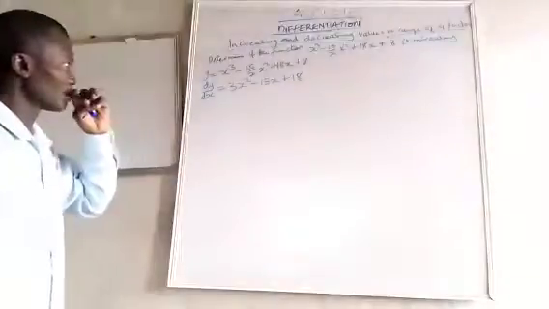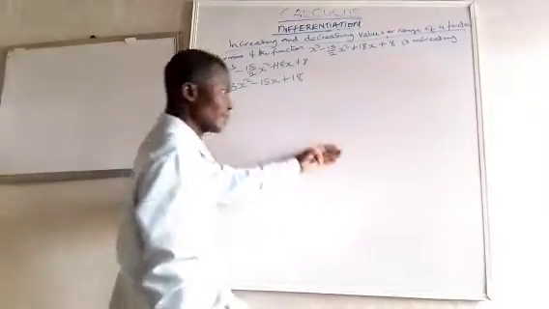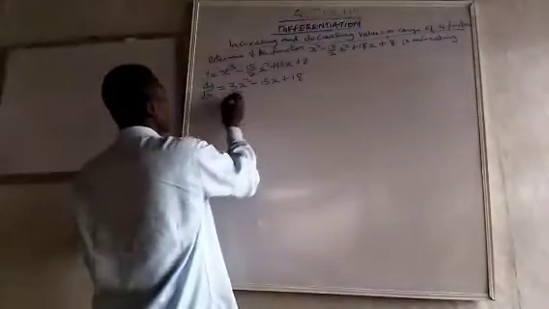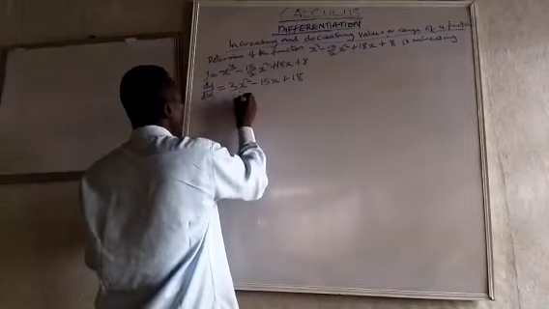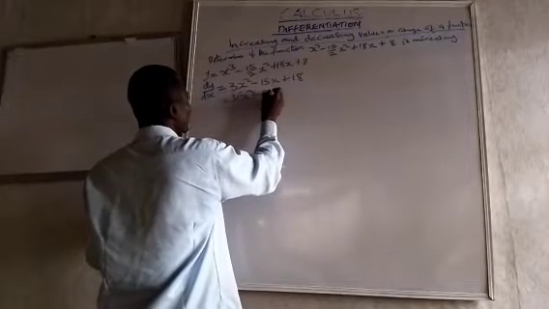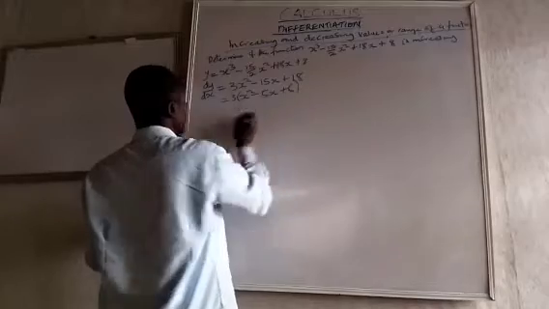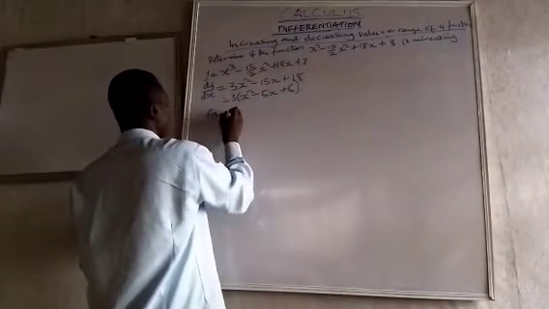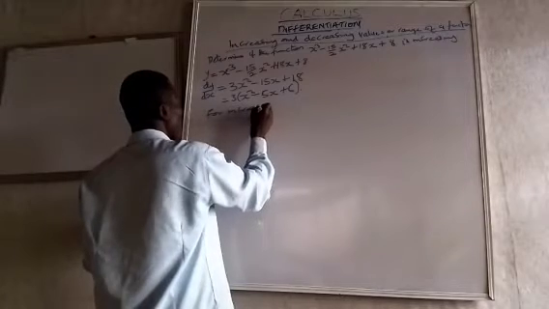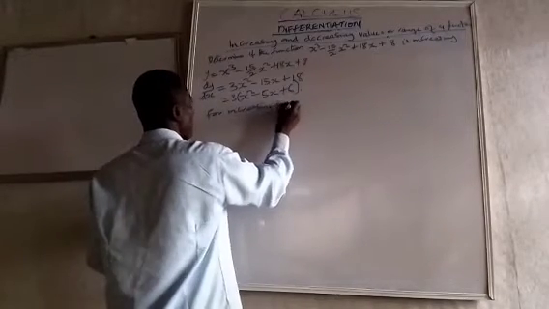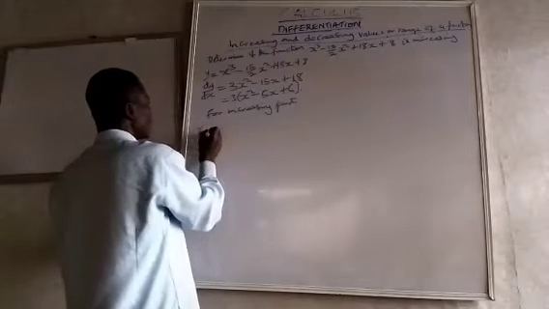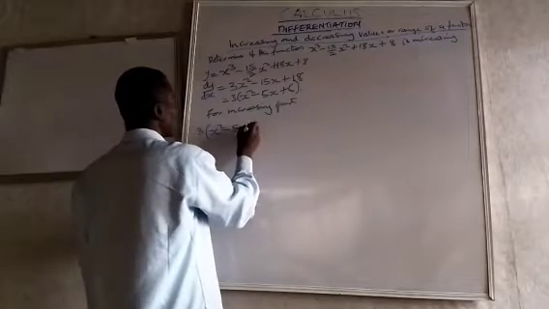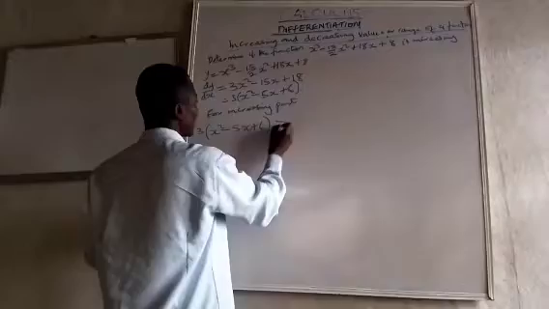And then, for the increasing part, we can now say 3 into x squared minus 5x plus 6 must be greater than 0.